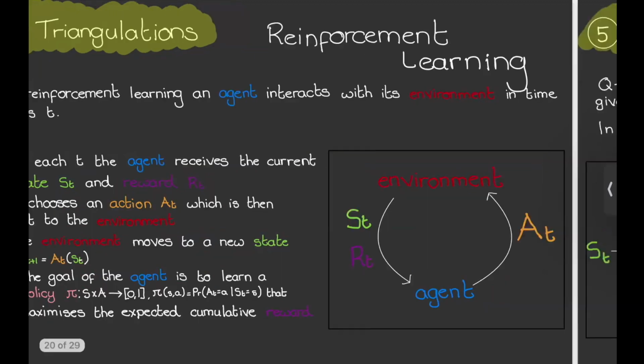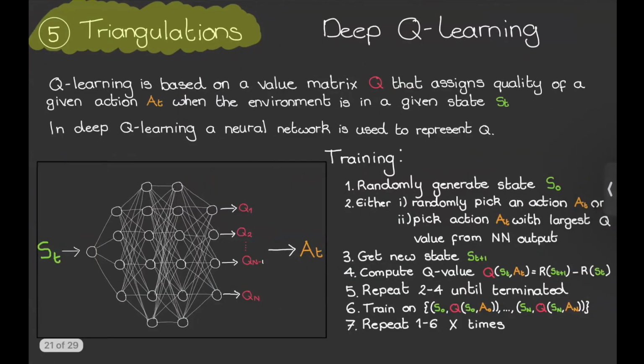And there are many different kinds of reinforcement learning. One of the most popular ones, and it's the one that we're using, is what we call Q-learning. So in Q-learning, you are basically trying to learn a Q matrix that assigns a value, what we call a Q value, to every action given some state.